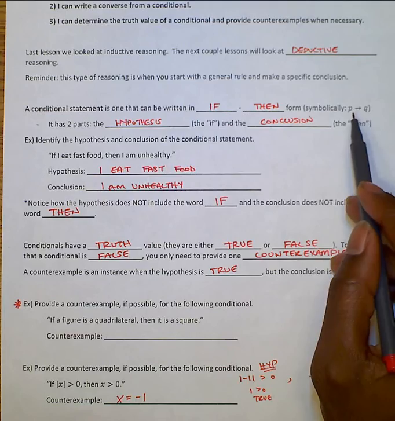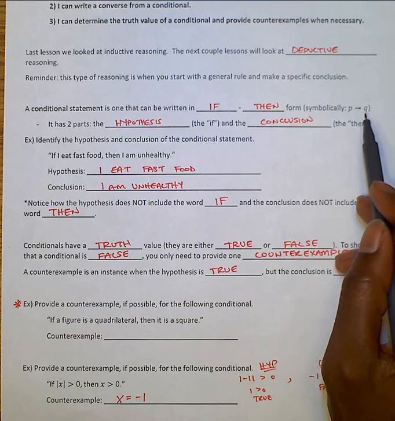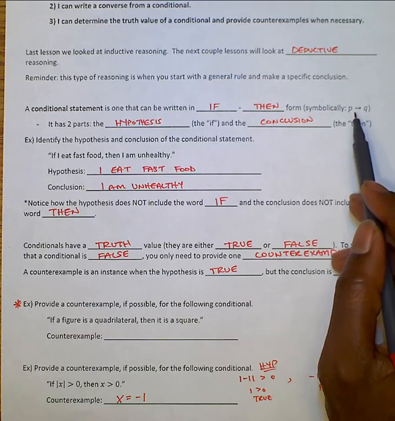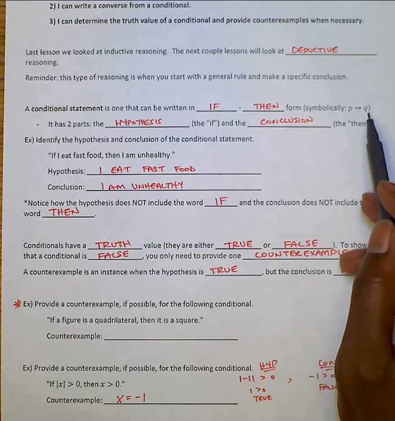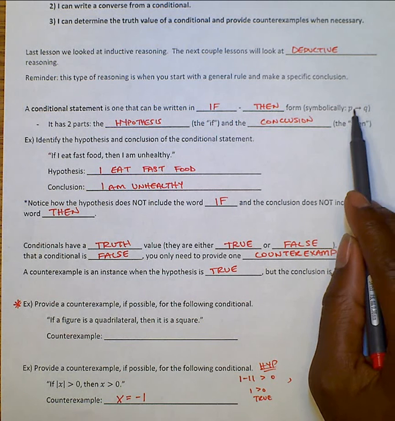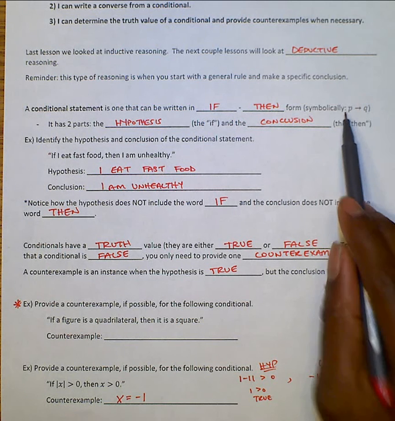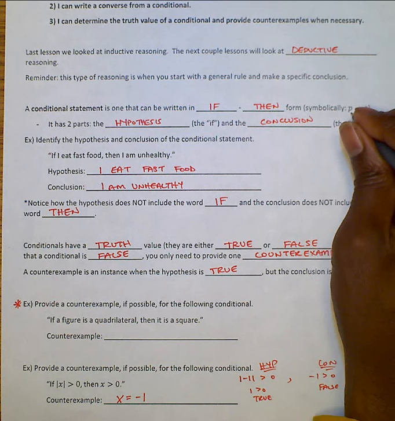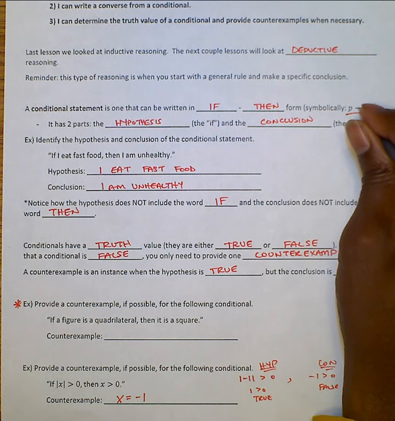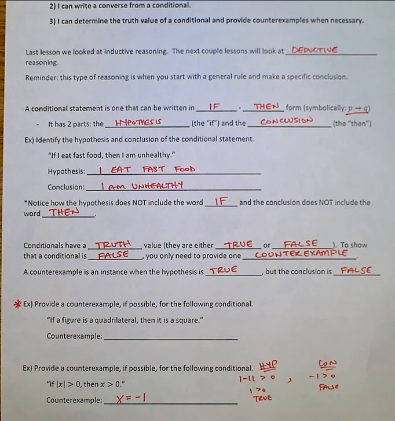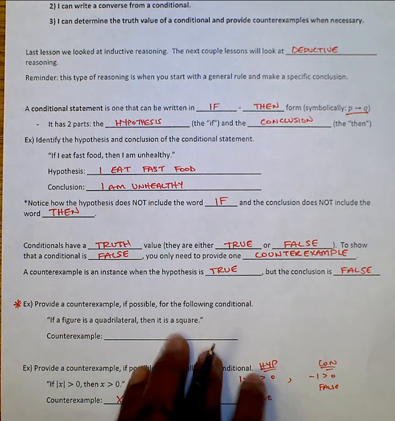Make sure that your hypothesis leads to your conclusion before you're done. Symbolically, for a conditional statement, we'll say P arrow Q. P leads to Q. Hypothesis leads to conclusion. We'll use that a few times through this chapter.